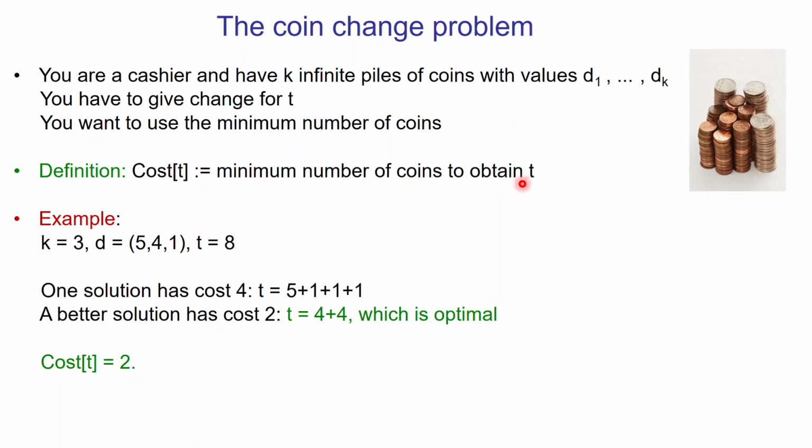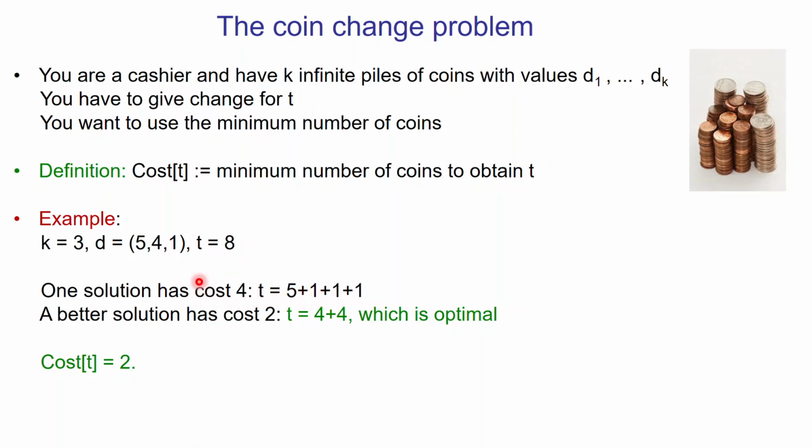So for example, if you have three types of coins, k is equal to 3, with values 5, 4, and 1, and suppose that you want to give change for t equals 8, then one possibility is to give change as 5 plus 1 plus 1 plus 1.